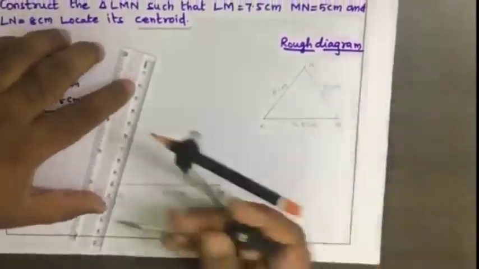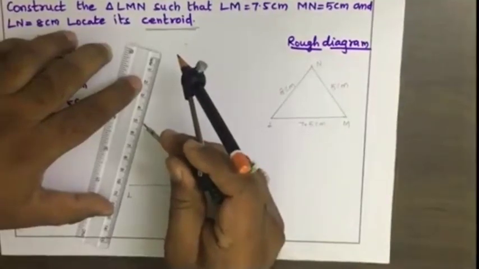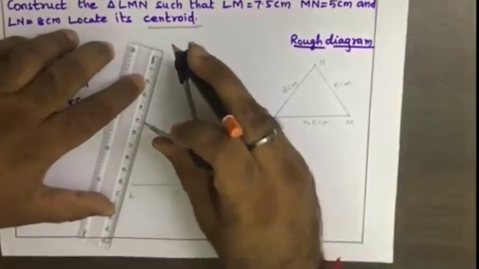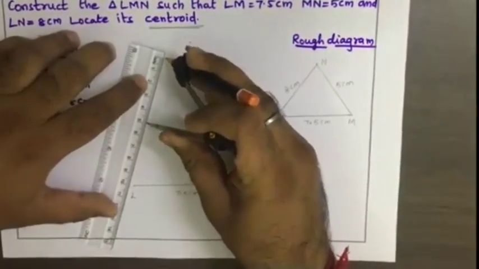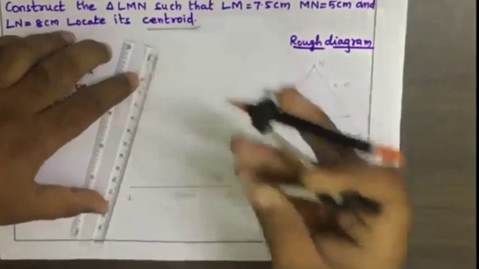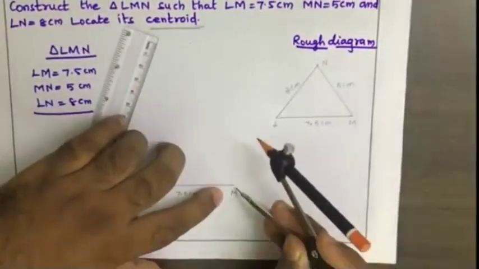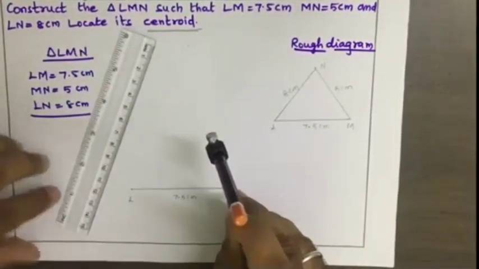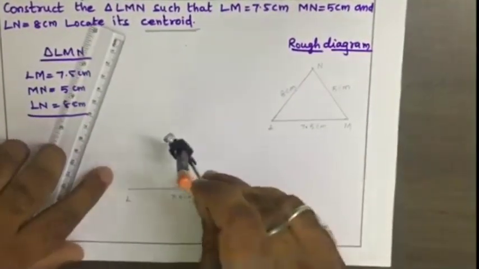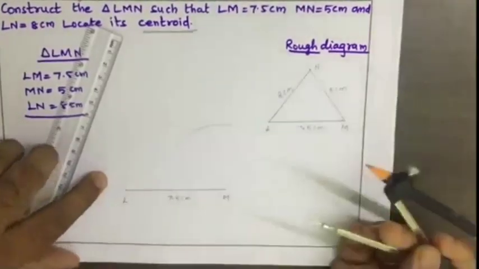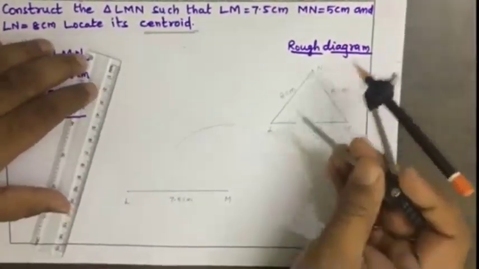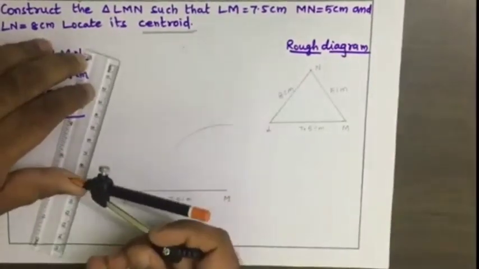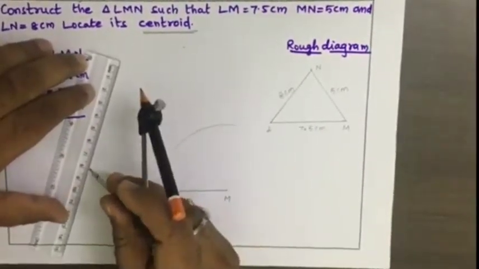Next, we take the measurement of MN, that is equal to 5 centimeter. With M as the center point, we draw one arc, MN equal to 5 centimeter. Next measurement is LN, that is 8 centimeter.